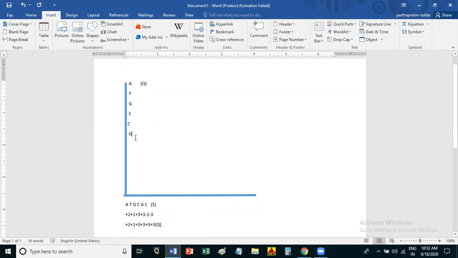To calculate the maximum score, you don't have to compare it with another sequence. The maximum score is calculated from your query sequence. All the nitrogenous bases have particular scores which are already described by the developer in BLAST.